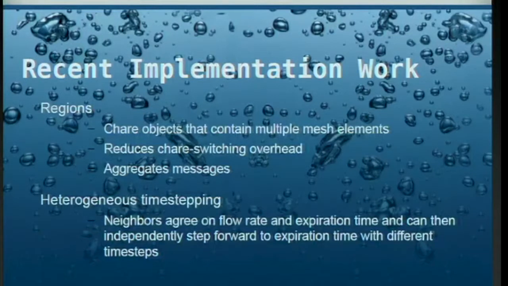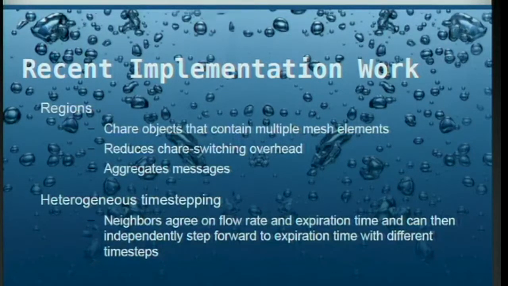But we do aggregate messages, and as a region loops over all of its elements, when an element sends a message, it really just hands the message to the region, and the region says, is this destination element someone that I own? And if it is, it just delivers it immediately. And if it's not, it doesn't send a charm message immediately, it puts it in a vector. And we basically just have a vector of messages for each destination region.